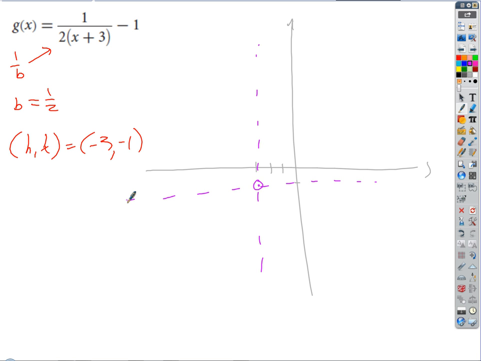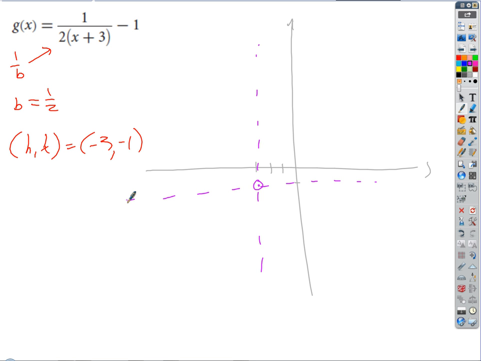Now this time, if b equals 1/2, that's a horizontal stretch or compression. It's going to be a compression, isn't it? Because I'm going to multiply the horizontal distance that I would normally go by 1/2 to draw it in and make it closer to the asymptote, right?